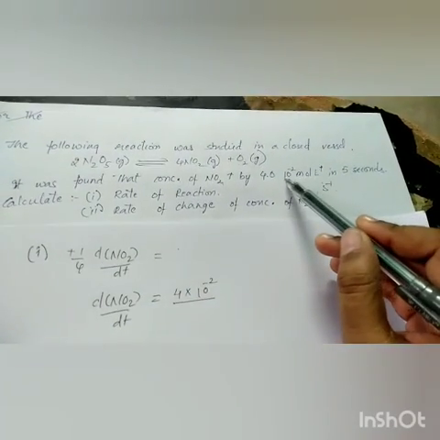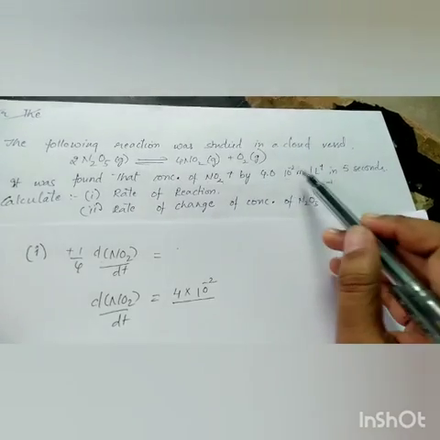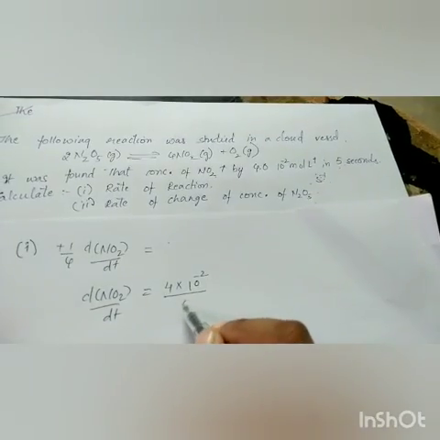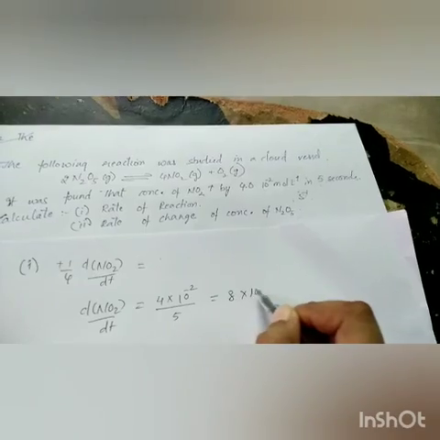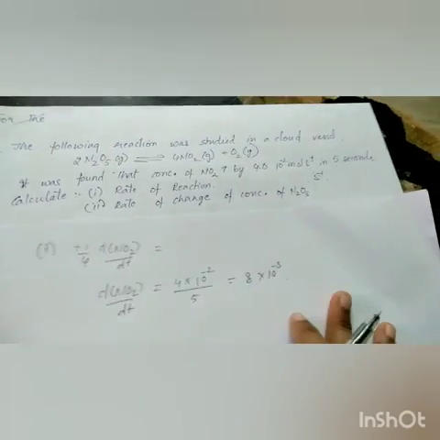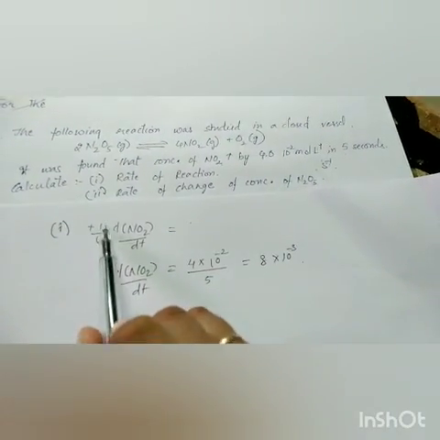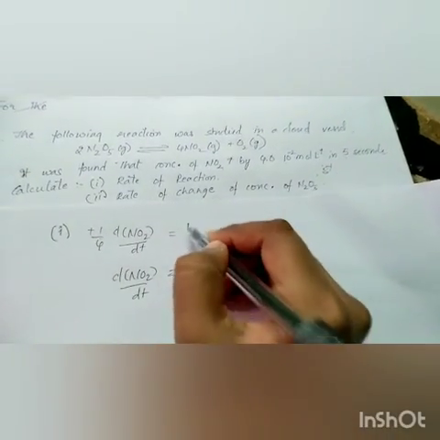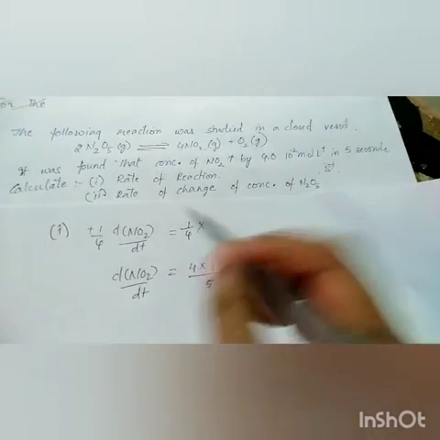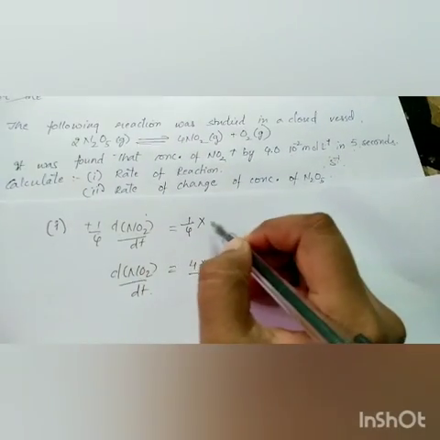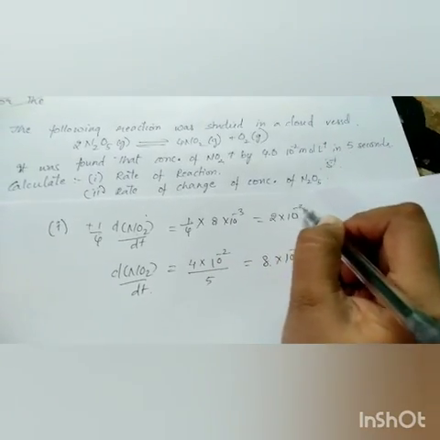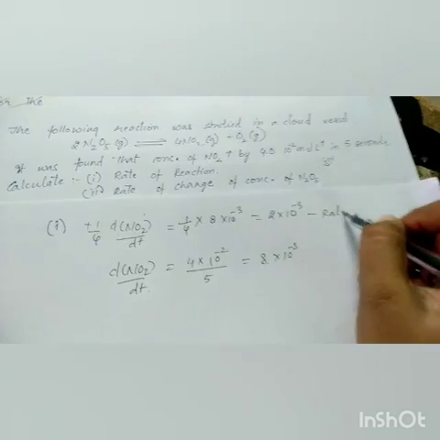The unit is mole liter inverse second inverse, so you put the 5 down, and you get 8 into 10 power minus 3. Therefore, 1 by 4 into d[NO2]/dt is equal to 1 by 4 into 8 into 10 power minus 3, so you get 2 into 10 power minus 3. This is the rate of reaction.